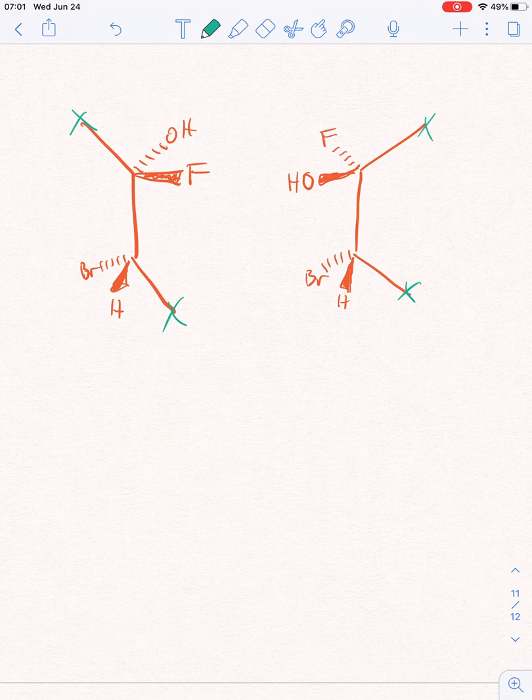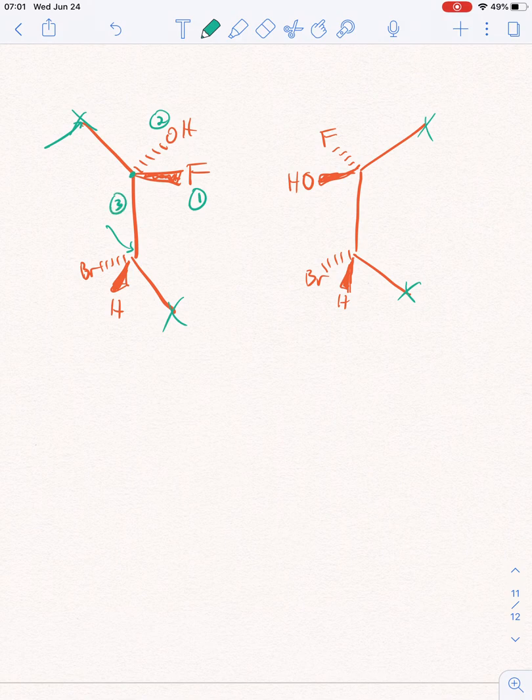So we assign priority by weight, right? So off rip, fluorine is number 1. If our chiral center is here, oxygen is 2. Then we have a carbon here and a carbon here.